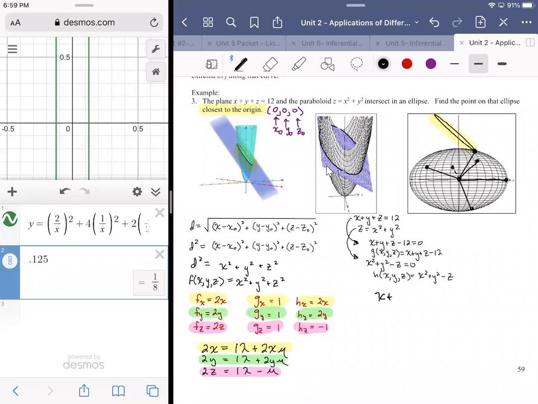We have x plus y plus z is equal to 12, and x squared plus y squared minus z is equal to 0. So what we could do is streamline this so that instead of two equations with 3 variables, we would have two equations with 2 variables.